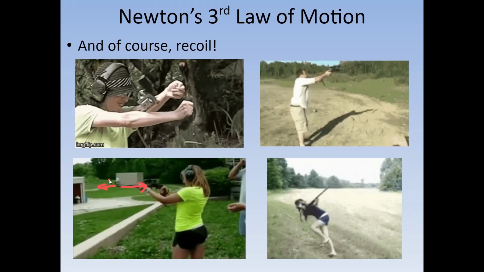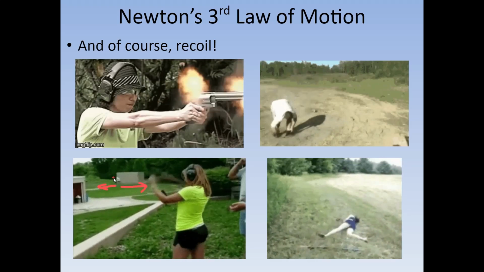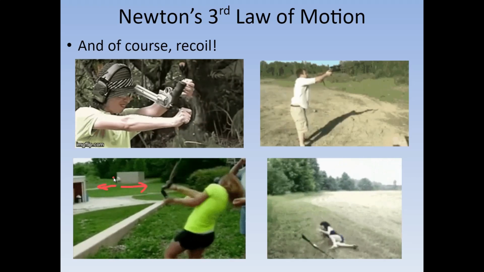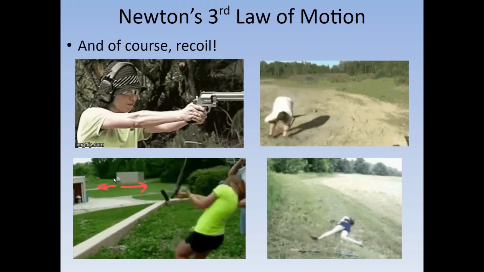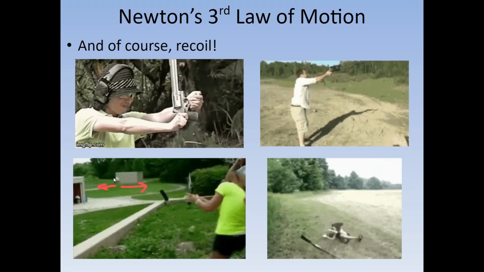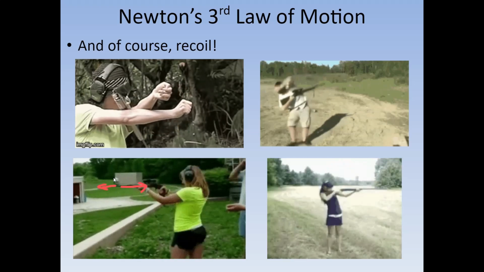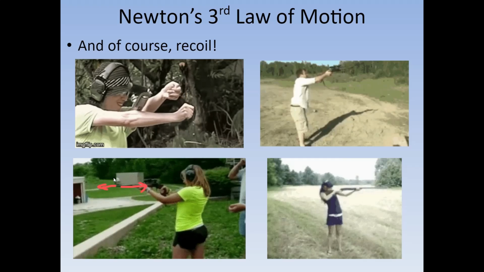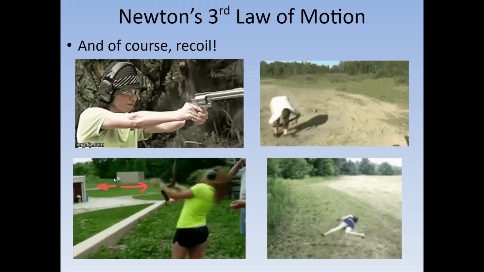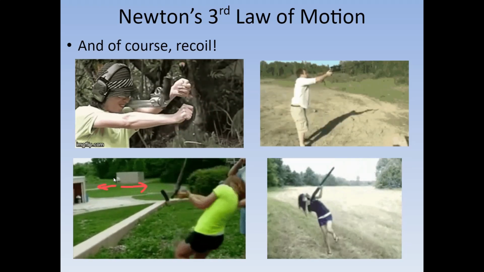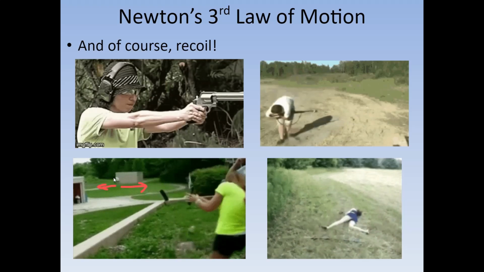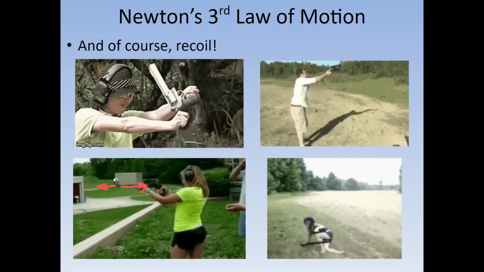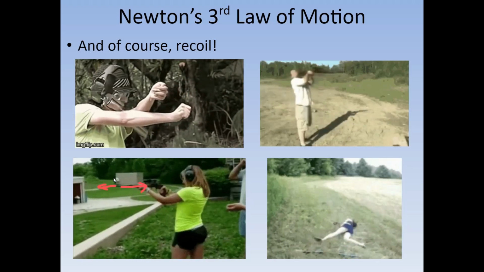Now, what's important to note is that I keep saying that the forces are equal, but this is something that people tend to confuse because they see the acceleration of two objects and they forget that mass matters. So while the two objects will experience the same force, they won't experience the same acceleration, right? The bullet goes significantly faster when it leaves the gun because it has a smaller mass.